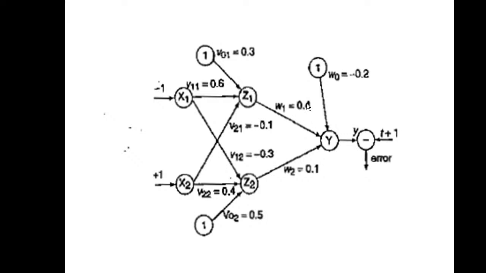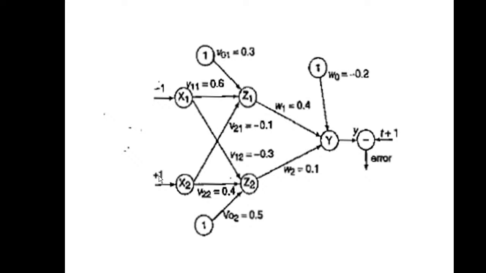So this is a backpropagation neural network, and it has multiple layers: input layer, hidden layer, and output layer. What we have to do is first calculate how the net input flows in the forward direction, and calculate the actual output. Then after calculating the actual output, we see the target, calculate the error, and propagate that error in the backward direction.